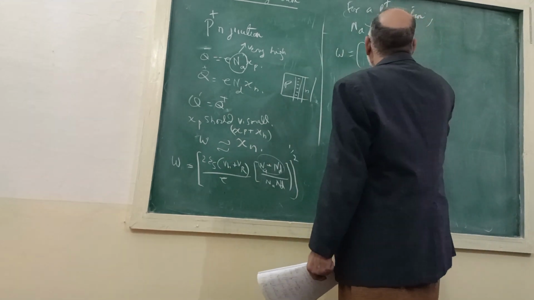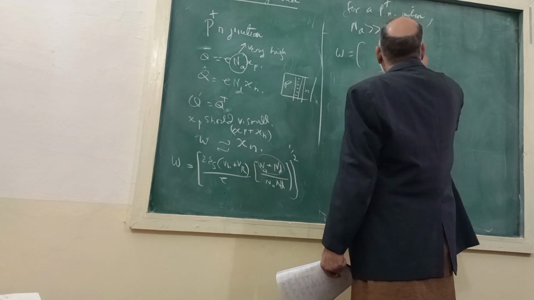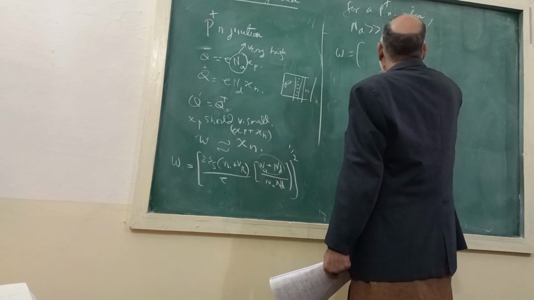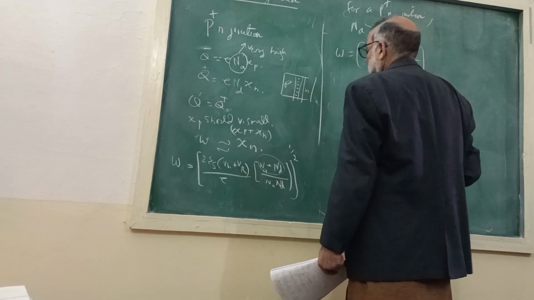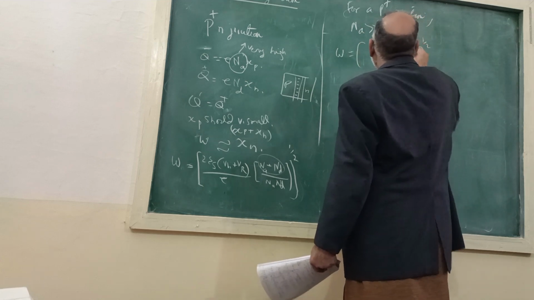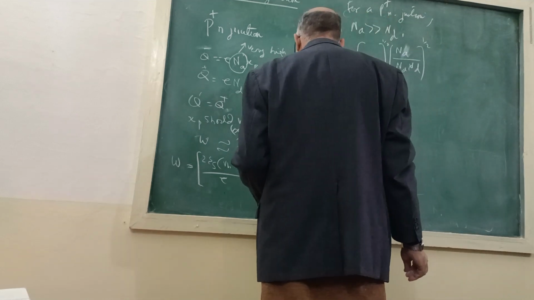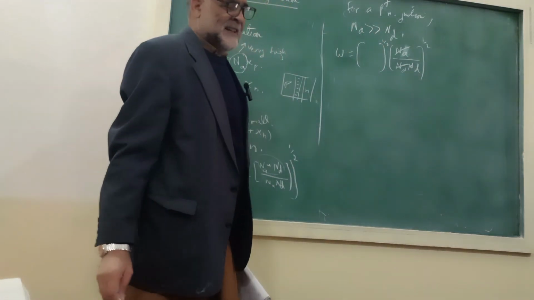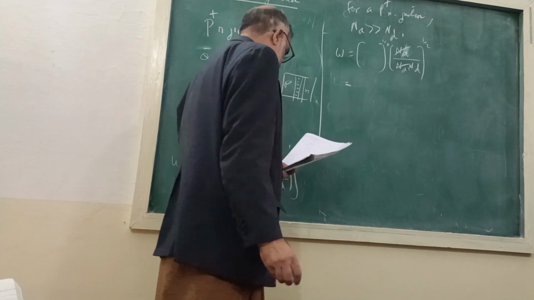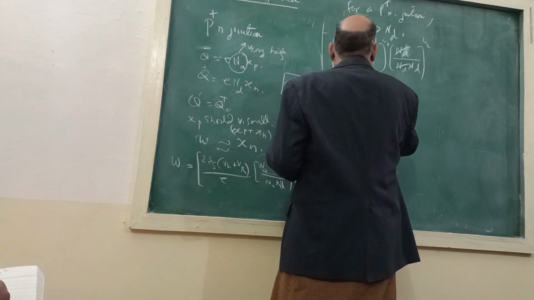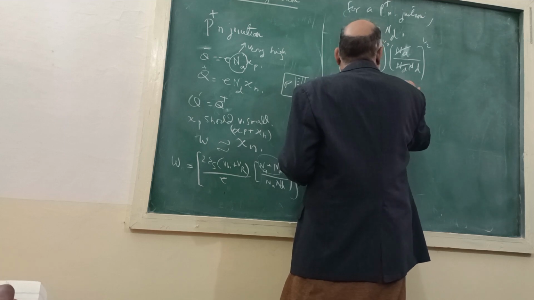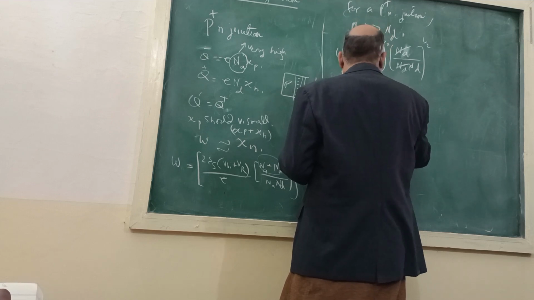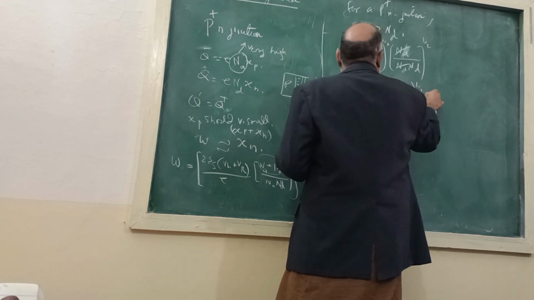N A goes with N A, so W can be written as 2 epsilon S (V BI plus V R) over E N D, to the power 1 over 2.